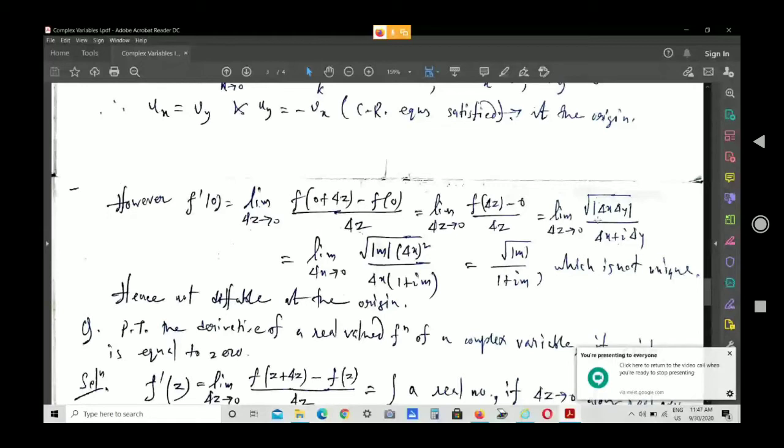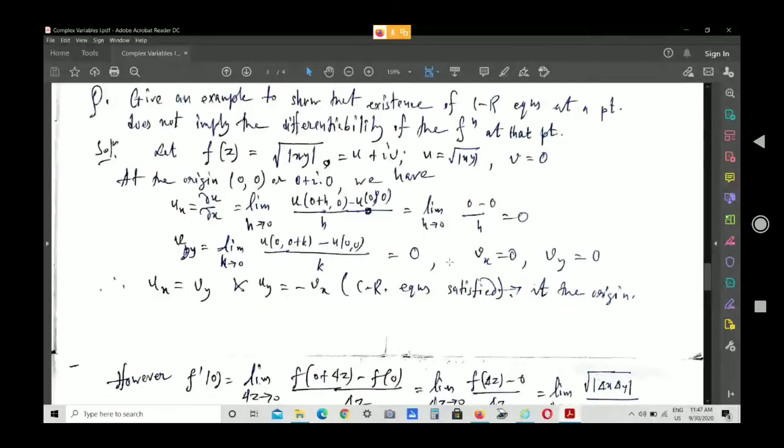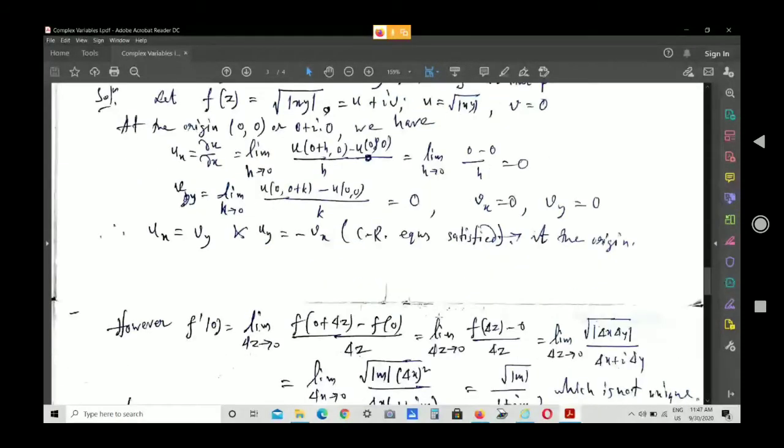Here what we are doing is approaching 0 along the straight line y equal to mx.